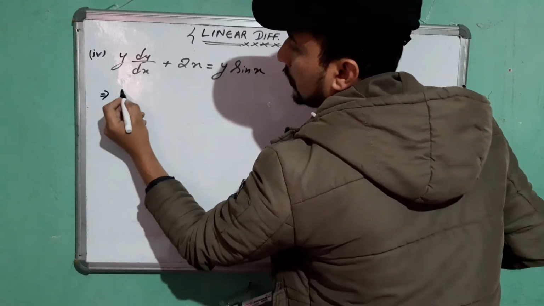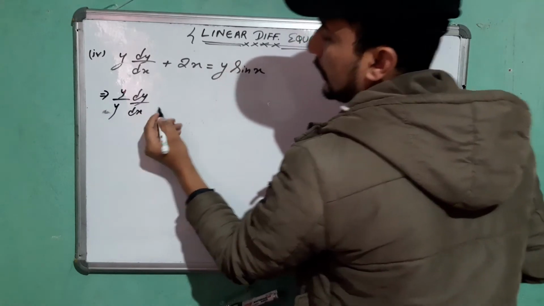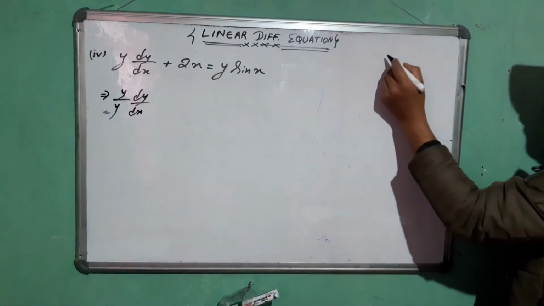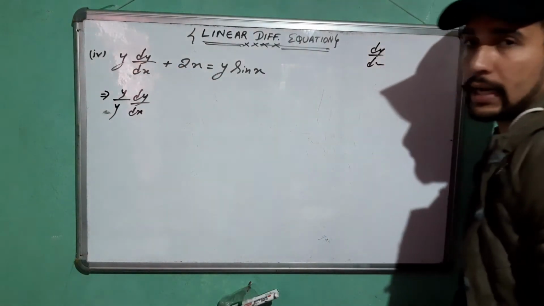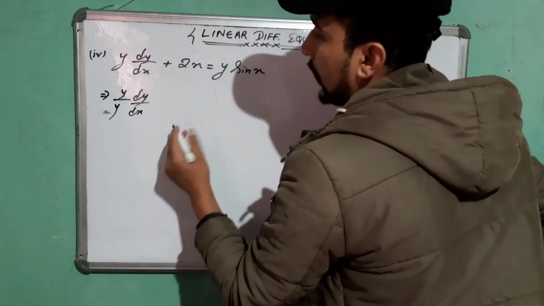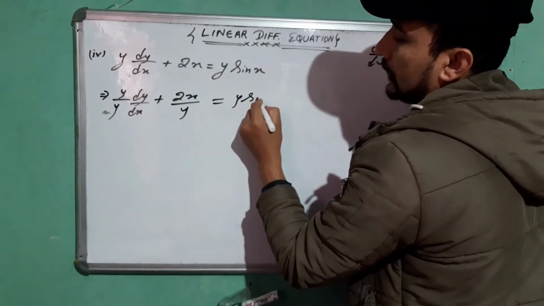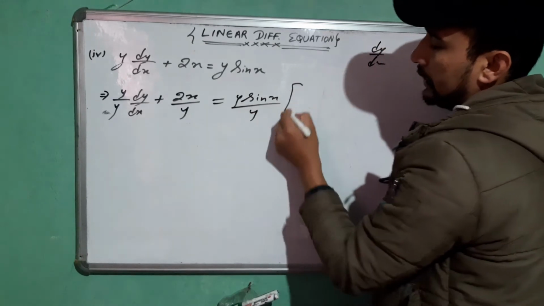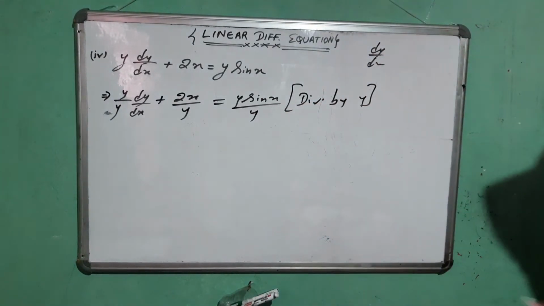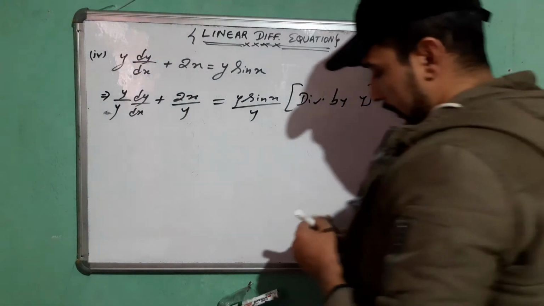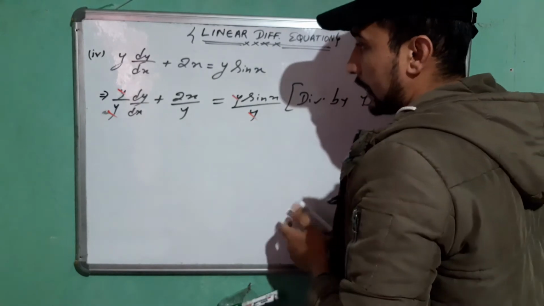So you'll get y upon y dy/dx. I am dividing by y because I need dy/dx separately. So I have to remove this y. For that, I should divide this equation by y. 2x upon y is equal to y sin x by y. Dividing the left hand side and right hand side by y. This and this get cancelled. This and this also get cancelled.